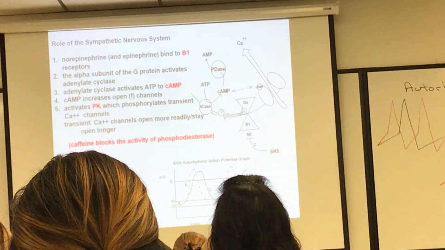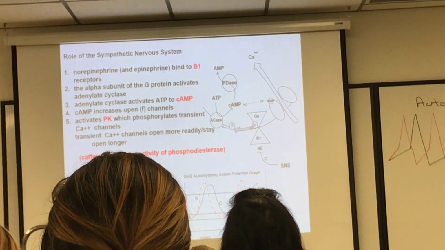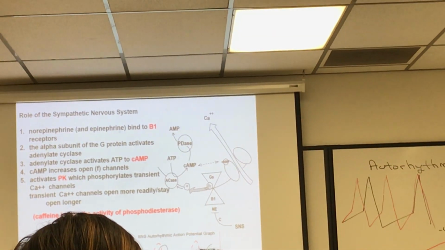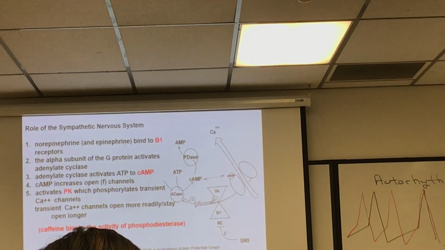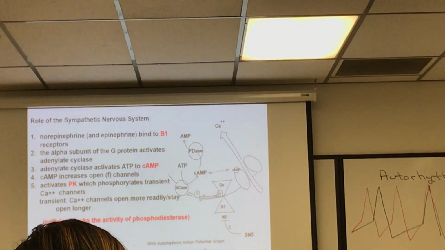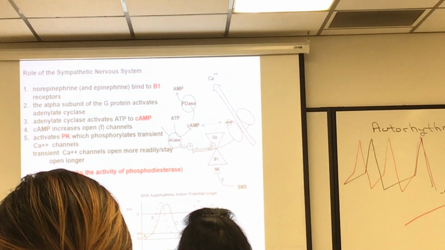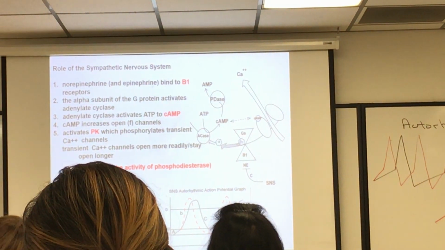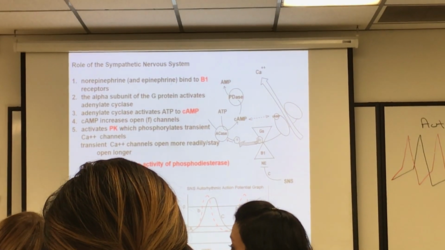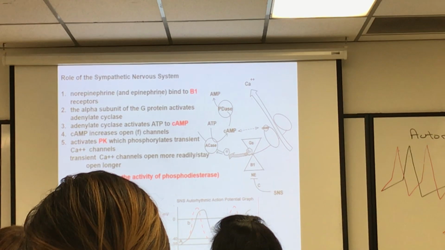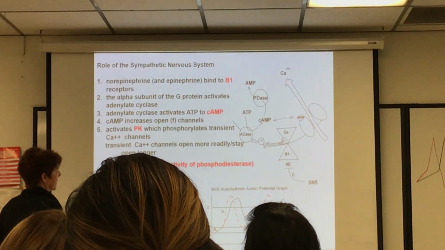So if you use salbutamol to open up your lungs, your heart rate's going to go up a little bit, but not as much as if it was a beta 1 receptor. Yeah. So your heart rate would skyrocket every time you use an asthmatic drug instead of just going up a little bit, okay? So pharmaceuticals use the difference in those receptors.